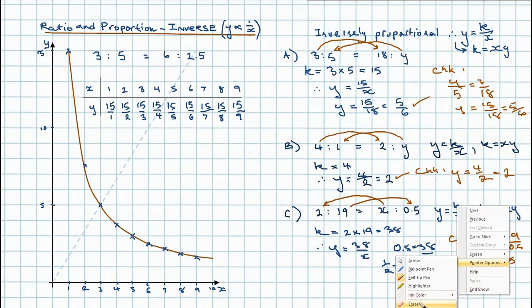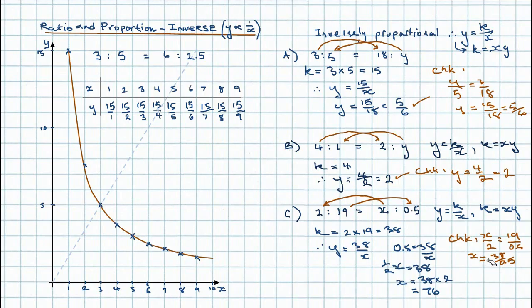Another way of doing it, but I would urge a little bit of caution here, is that we might want to change these values. So whenever we've got a decimal, very often we want to change the values. So we could say, I don't want 0.5 anymore, I want this to be 1.